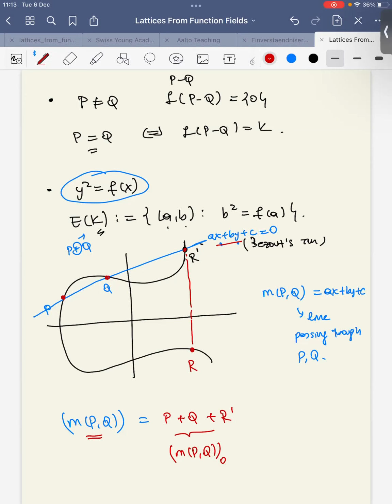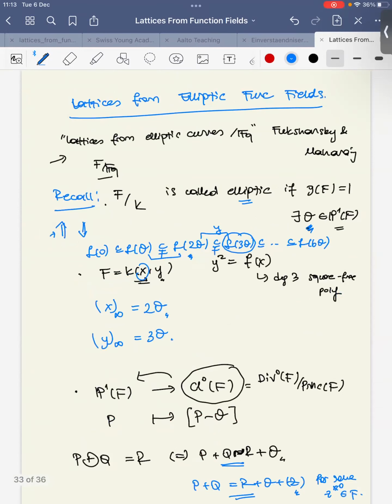But we know that every transcendental should have at least one pole, and the degree of the zero divisor and the pole divisor should be the same. My claim is that its pole divisor is indeed minus 3O, by using this fact.